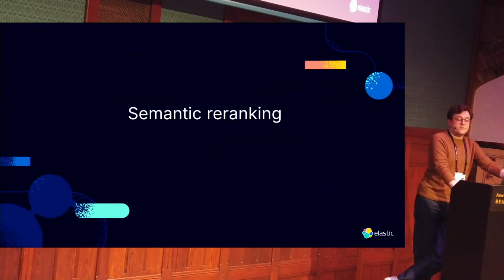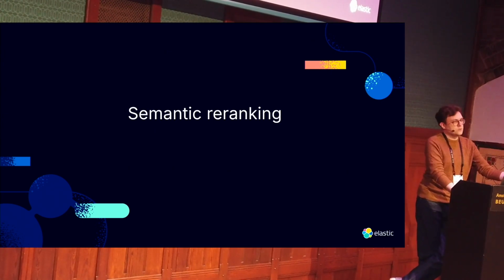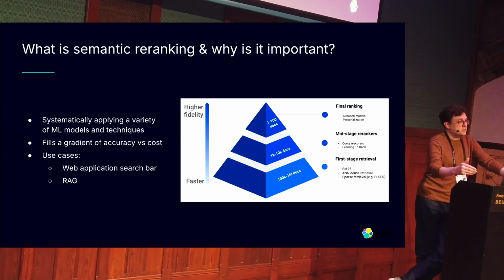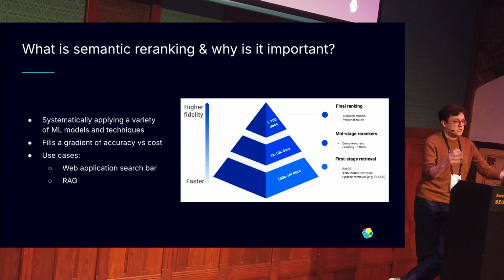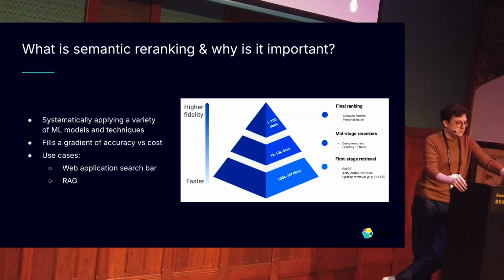On top of RRF, we've added support for reranking recently, or easy reranking. You could always do it, but we made it a little easier. Reranking happens usually at the final stage or the mid stage of a search query. So you execute a query with keyword search or vector search or a combination of both. You get back a set of documents that have been scored, and you may use a more complicated or more computationally expensive machine learning model to then re-rank what you see.